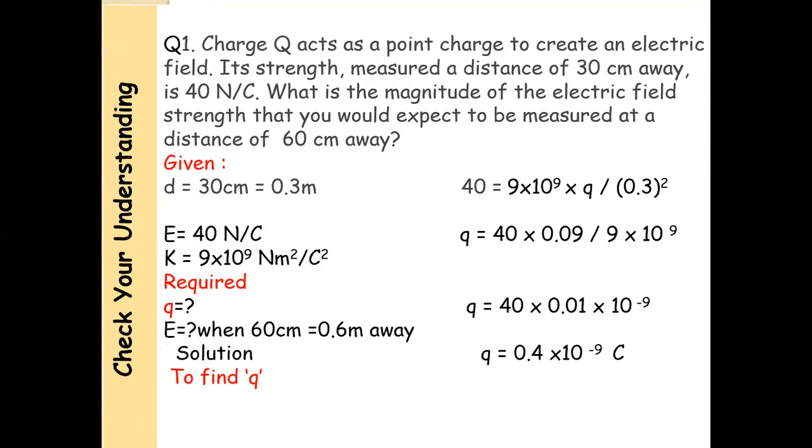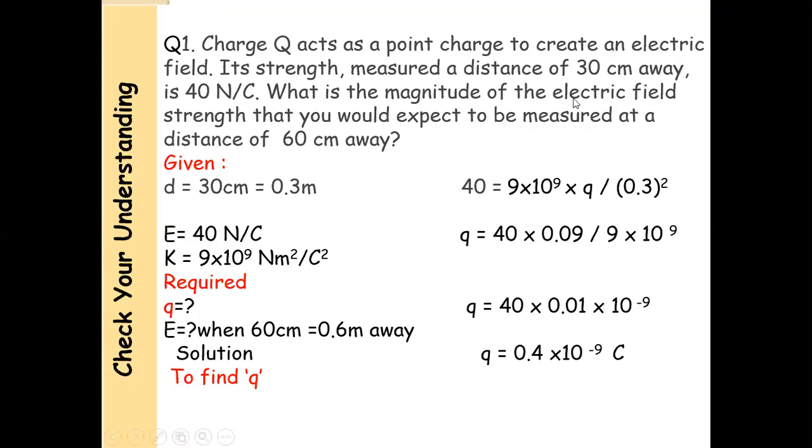Now we are going to do a numerical related to that. A charge q acts as a point charge to create an electric field. This is your source charge. Its strength measured at a distance of 30 centimeter away is 40 Newton per Coulomb. So electric field intensity at a distance of 30 centimeter is this.